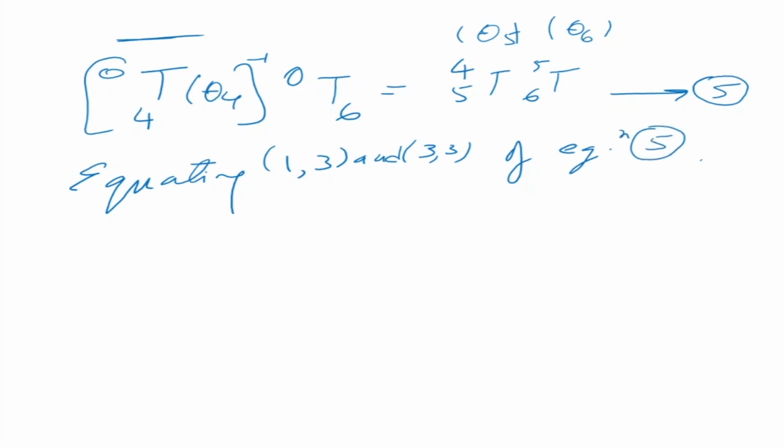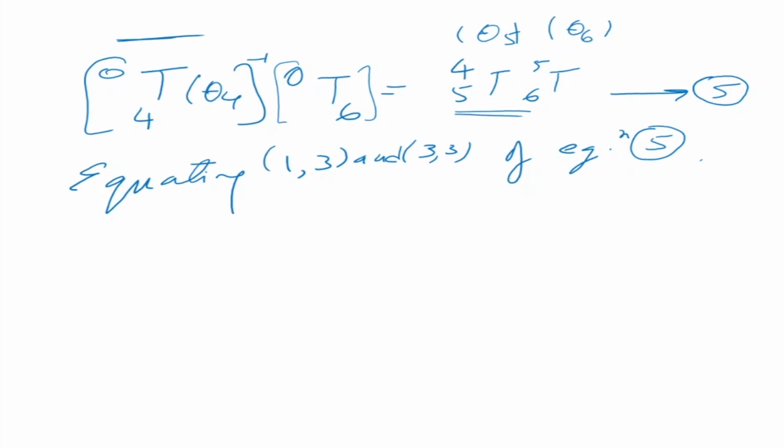So please try to understand the logic. The logic here is that on the left hand side we have theta 1 to theta 4, which is known. On the right hand side is my given position and orientation, which is also known. We have brought all the theta 1 to theta 4 to the left hand side, so on the right side we only have two unknowns now, theta 5 and theta 6.